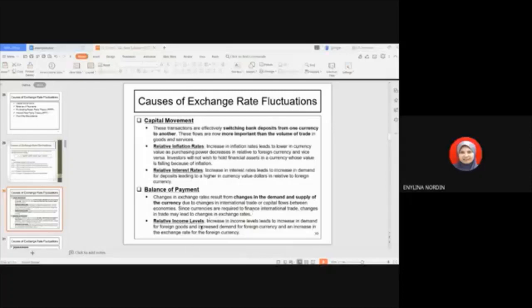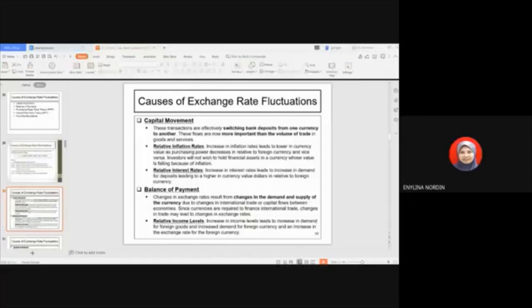The next one is balance of payment. This refers to the country's current account, which reflects the balance of trade and earnings on foreign investment, that is import and export. The balance of the current account will influence the exchange rate as well. The current account consists of the transactions from export and import.